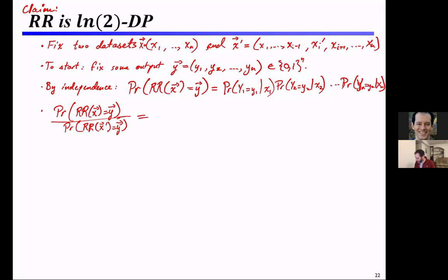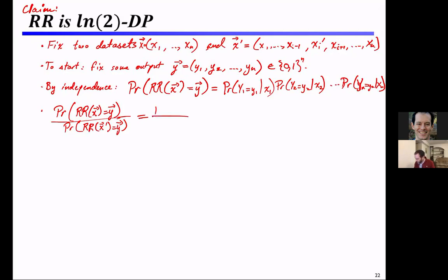Well, let's see. The numerator here is a product of these n probabilities, one for each of the positions in the input and corresponding positions in the output, divided by a similar product on the bottom. And these two products are the same in all but one position.